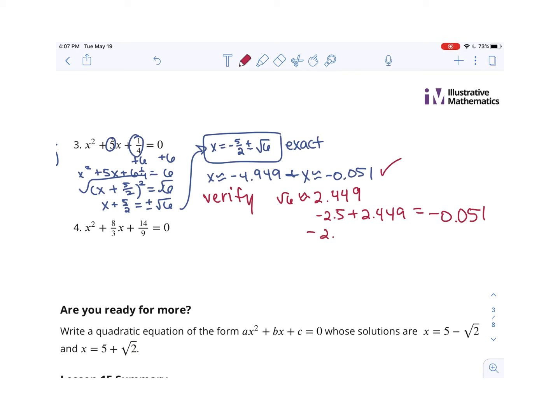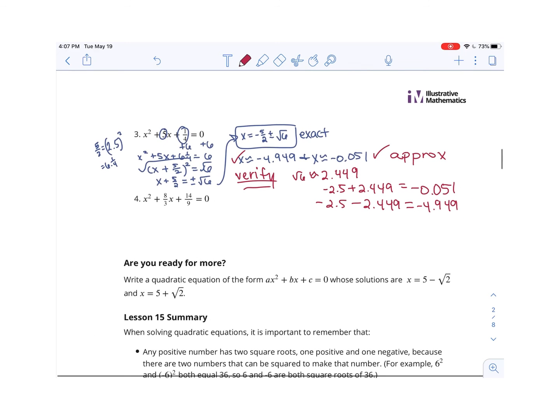And if I do negative 2.5 minus 2.449, I'm going to get negative 4.949, which matches my other solution. So I verified that my exact was done correctly. I found the right answer because it matches the approximations that I got by graphing.